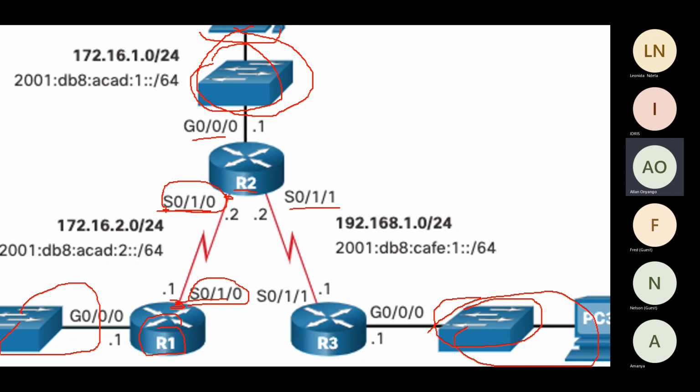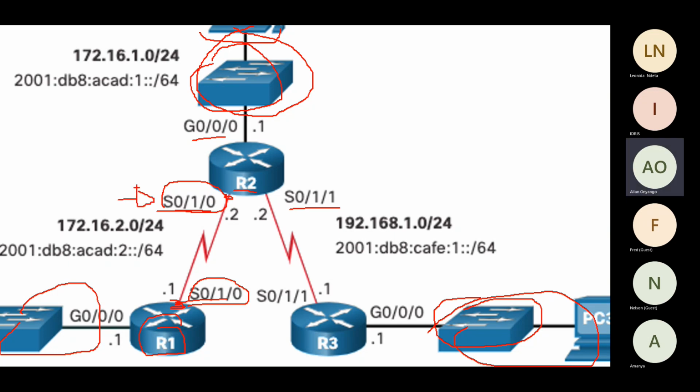The interface of the entrance to R2 is S0/1/0, okay? But when you're talking about the next hop, you don't talk about the interface. I repeat that. When you're talking about the next hop router, you don't talk about the entrance interface. You talk about the IP address of that interface.